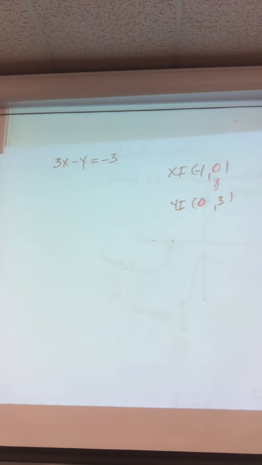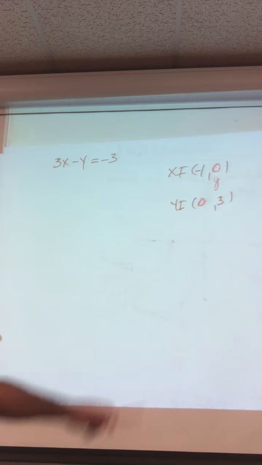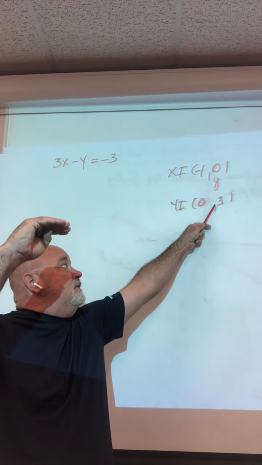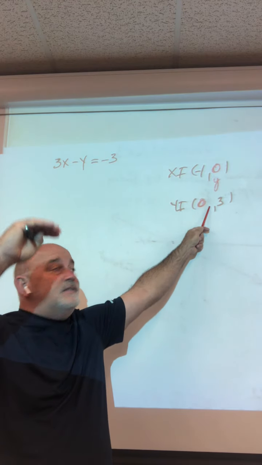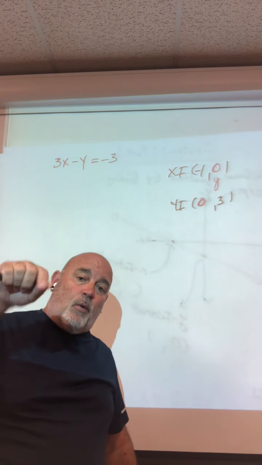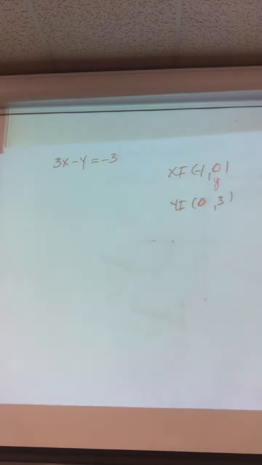And then all you do is plot those two ordered pairs. -1, 0 would be to the left 1 and stay there. That's on your x-axis. That's why it's called the x-intercept. And then 0, 3 would be none left or right, up 3. So that's on your y-axis. That's why it's called the y-intercept. You plot those two individual points and then draw your line.